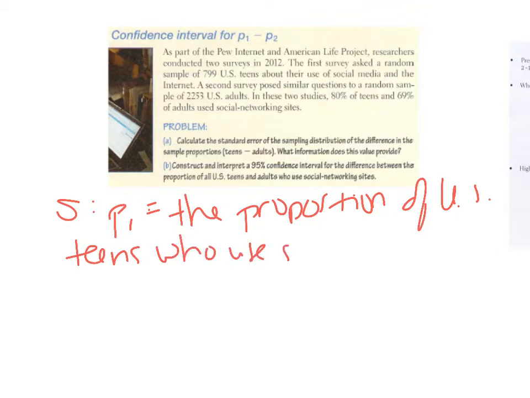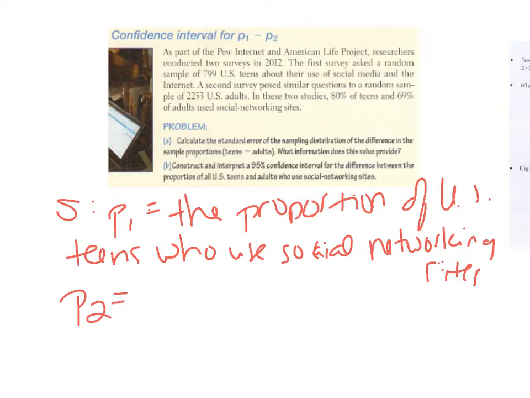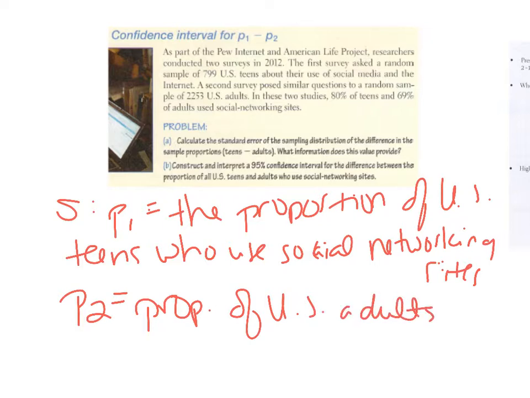We're going to try to speed this up, so I may not write as much. But then I need to define my other parameter. So I need to define P2, which is my proportion of U.S. adults, and I would need to put my context in here, who use social networking sites.